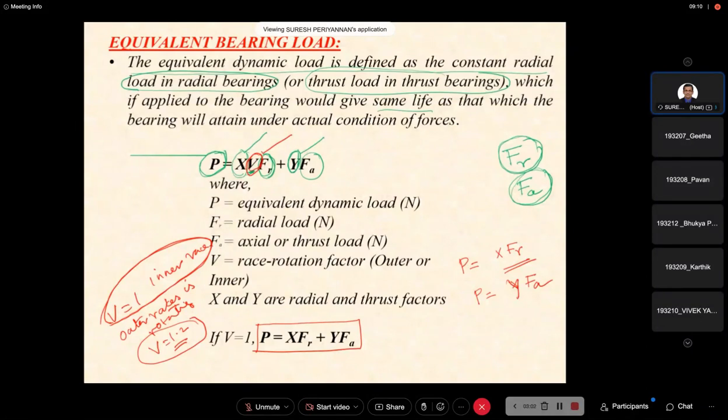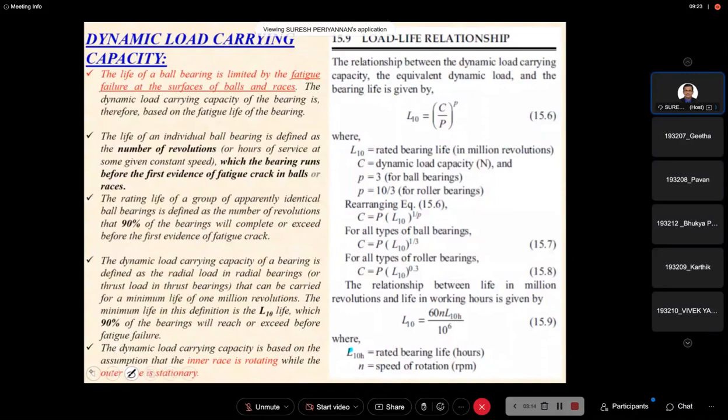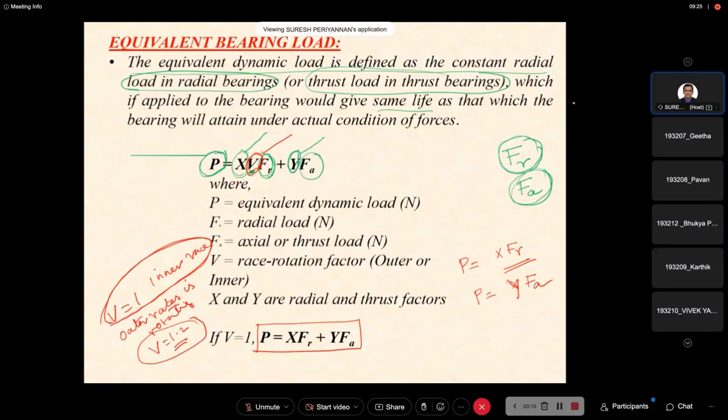V is 1 when the inner race is rotating and the outer race is fixed. When the outer race is rotating and the inner race is fixed, V is equal to 1.5.